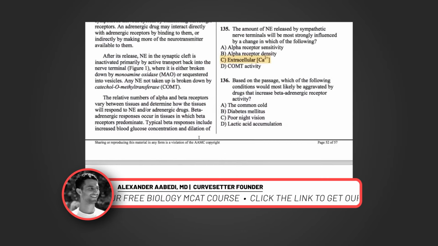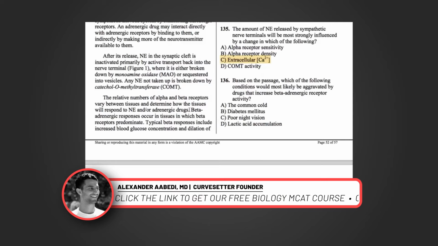All right. Based on the passage, which of the following conditions would most likely be aggravated by drugs that increase beta-adrenergic receptor activity? Okay. So we're going to have to go back to what the passage was talking about, because it says based on the passage, and what exactly is affected by the beta receptors, right?